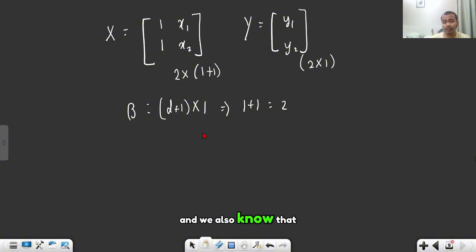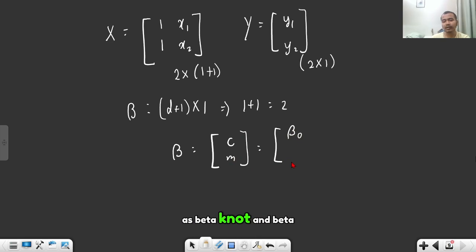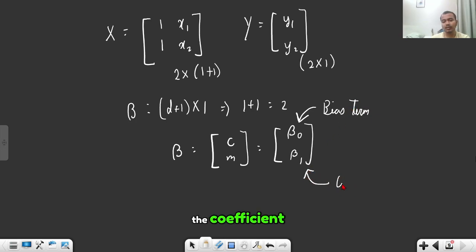And we also know that the final beta which we got represented C and M. We can also write it as beta naught and beta 1. This first term in beta is the bias term, or we can also call it the intercept term, and this beta 1 is the coefficient.